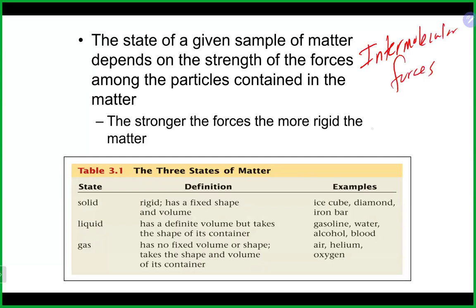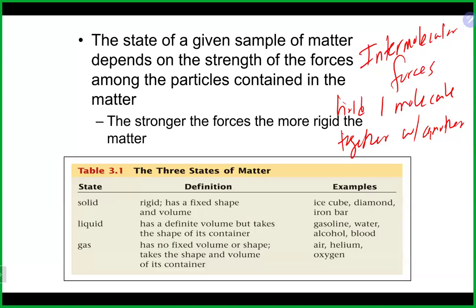These are the forces that hold one molecule together with another. And in the case of water, that's the hydrogen bonding we're talking about. So the stronger those forces, most likely that thing will be a solid. The weaker those forces, most likely that thing will be more like a gas.